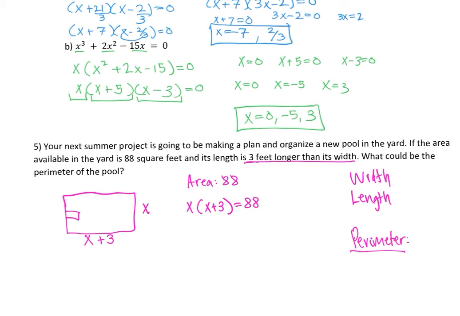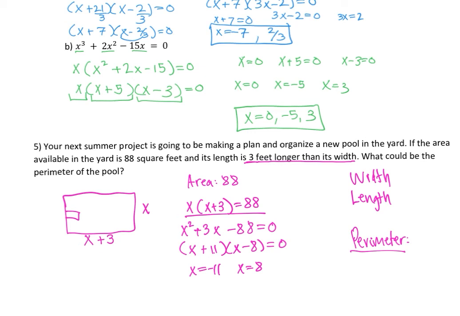Okay, so we have our area. We need to solve this equation. I'll distribute the x through, and I'm going to subtract the 88 over. And I factor that, I get x plus 11, x minus 8 equals 0. So when is x plus 11 equal to 0? That's at -11 or +8.